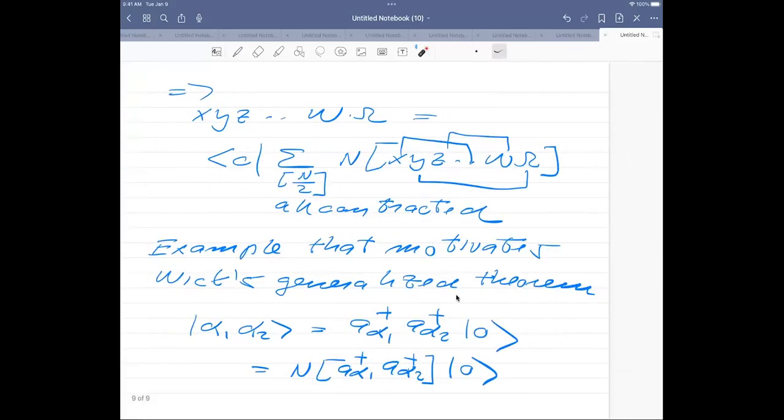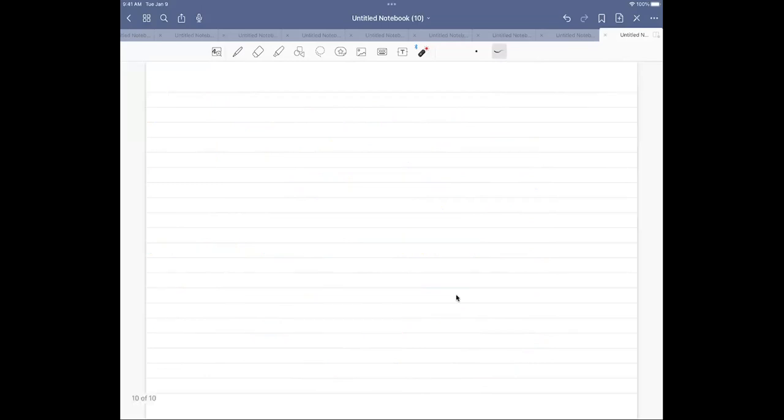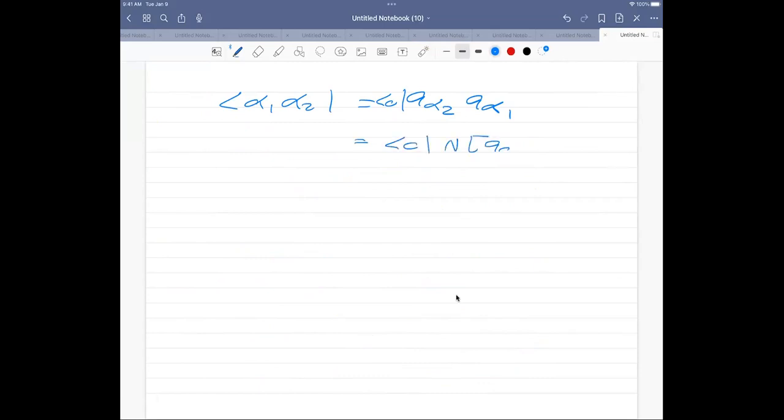If we now go over to the bra state, this is the same as A alpha 2, A alpha 1. So what we could say, if we still use this kind of sloppy notation here, is that this is also a normal ordered set of operators.